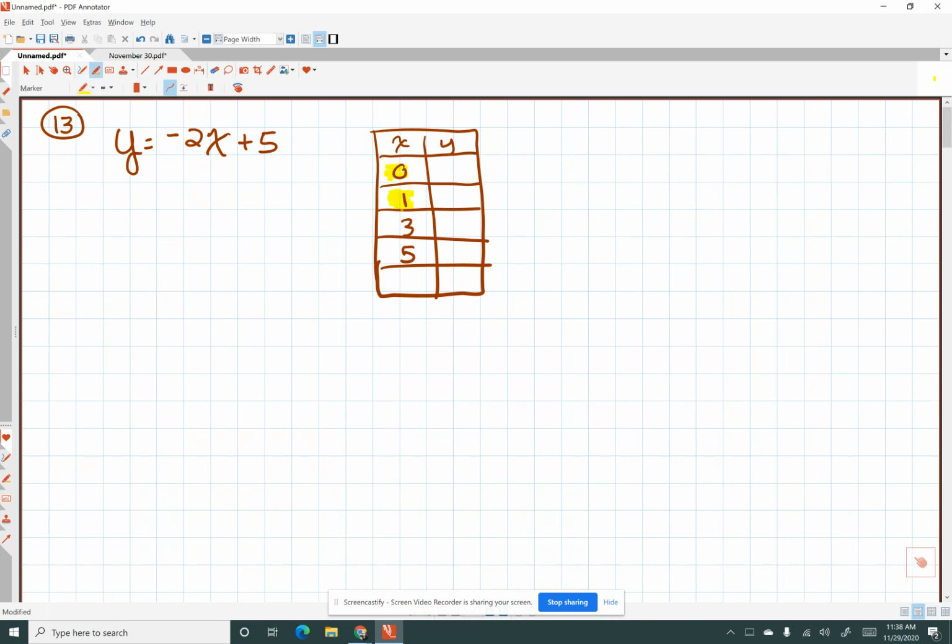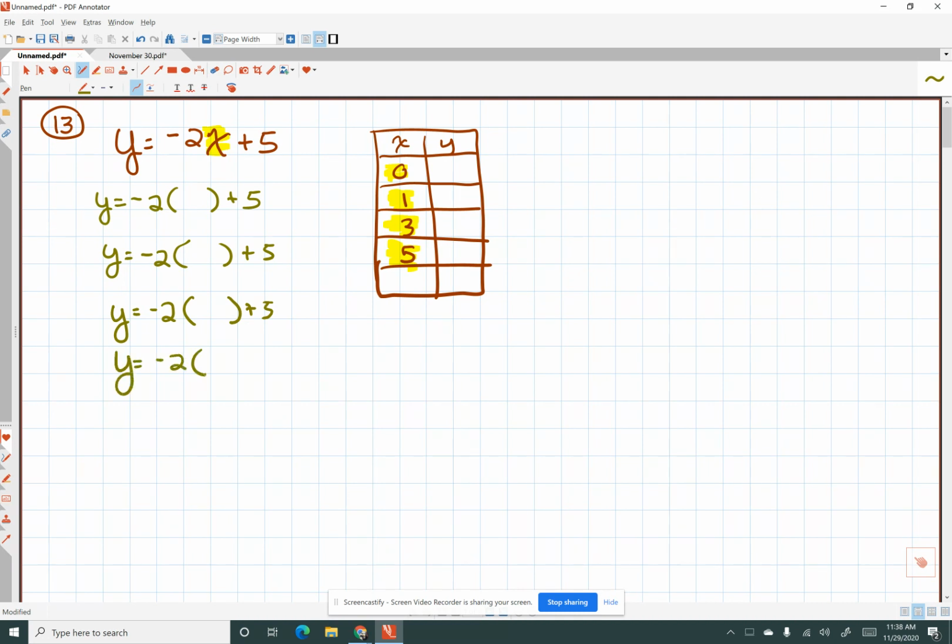We're going to make substitutions of these x values for x. So let's get started. So y equals negative 2. I'm just going to frame this out first. I'll change the color. So we're going to have 0, 1, 3, and 5.